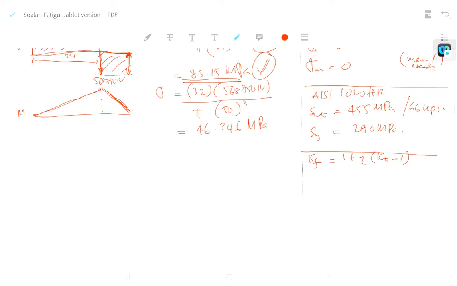In order to read the KT graph, you need to calculate first, because the x-axis is R over D, and for the graph you need to calculate capital D over small d. So R is the fillet.